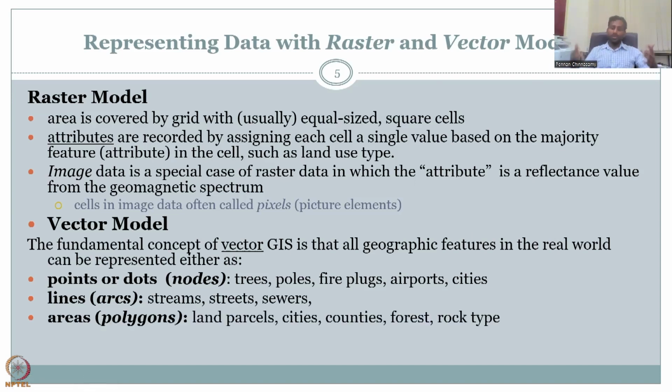A combination of lines become polylines, and polylines become polygons if they are connected and closed. So areas are polygons, again starting with points, converting to lines, and lines converting to polygons. Polygon examples are land parcels, cities, counties, forest, rock type. These boundaries can also be put on a GIS map with the location and with the data.